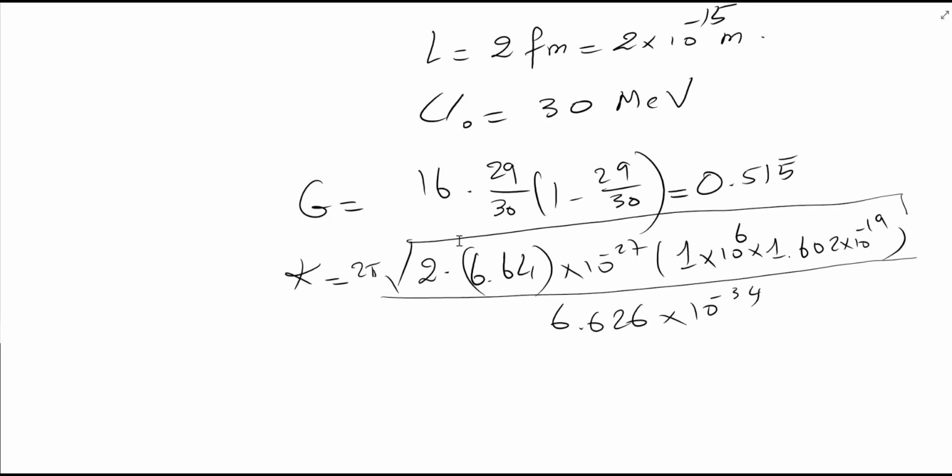So it's 10 to the power 6, coming from the mega electron volt, and then times the electron charge, in this case 10 to the negative 19. Close this whole thing under the square root, divide by open parentheses 6.626 times 10 to the negative 34. So it's a big number as I expected. Kappa is equal to 4.374.